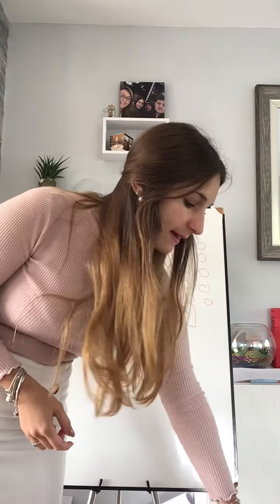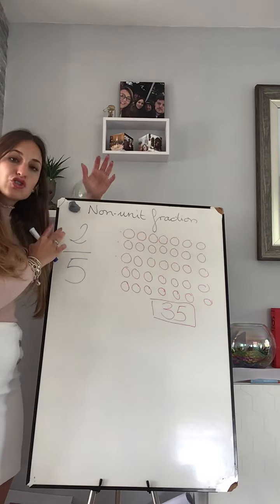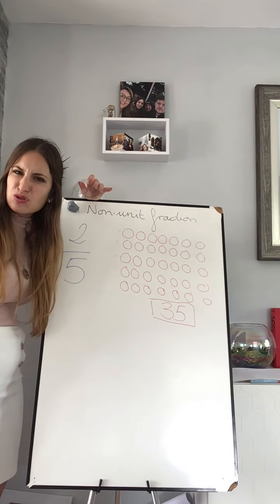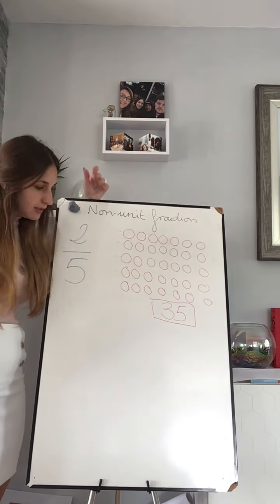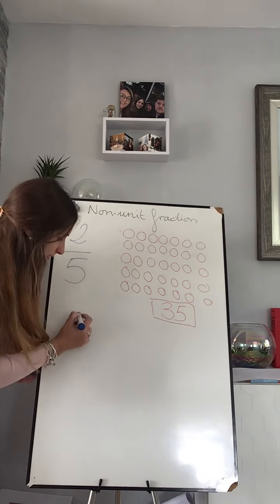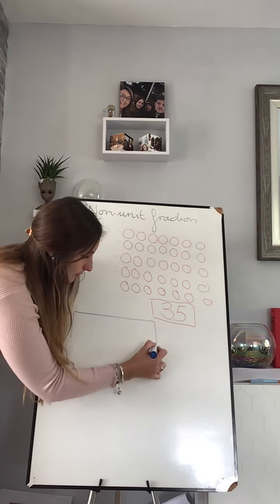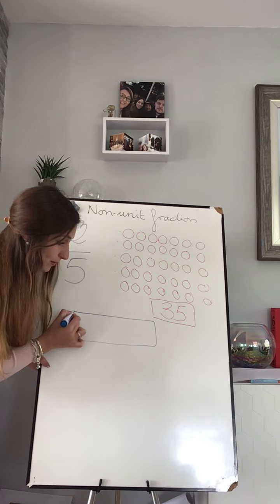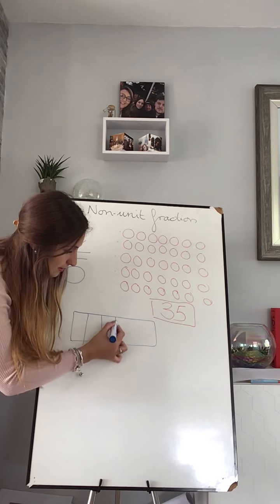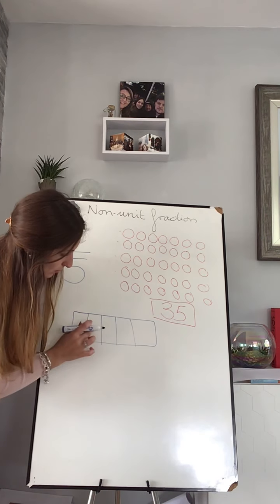And then when I say 2/5 and I have 35 coins, and I am going to take 2/5. Now when I say 2/5, I'm thinking straight away of a group that is being divided into 5 equal parts.